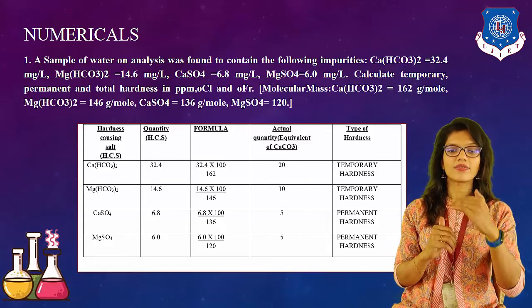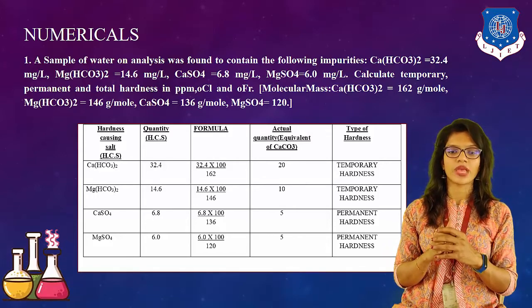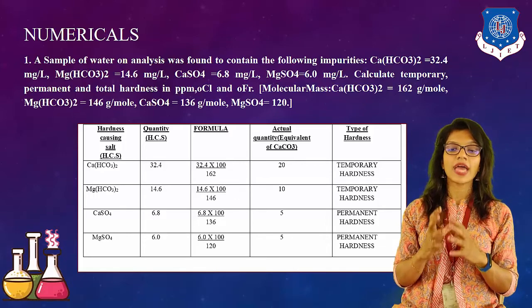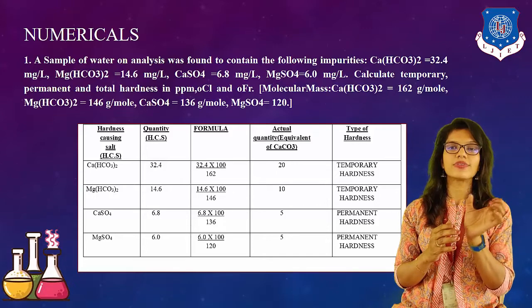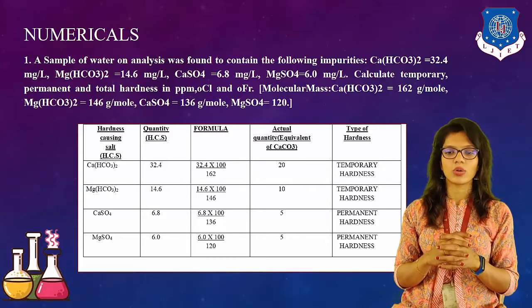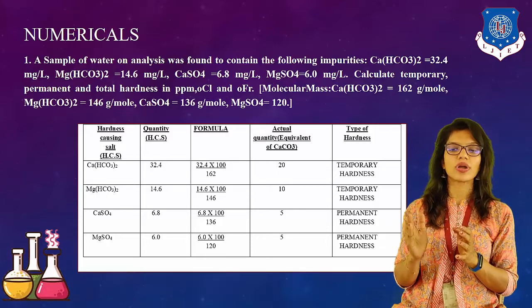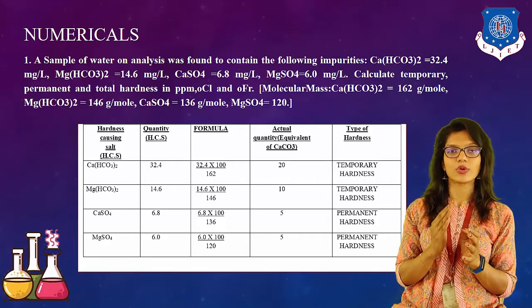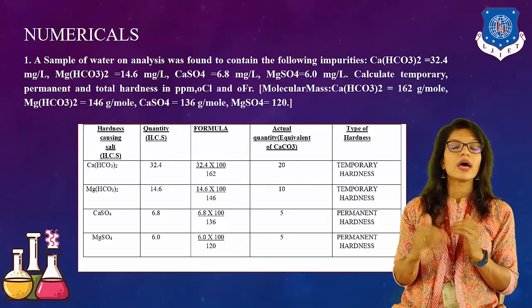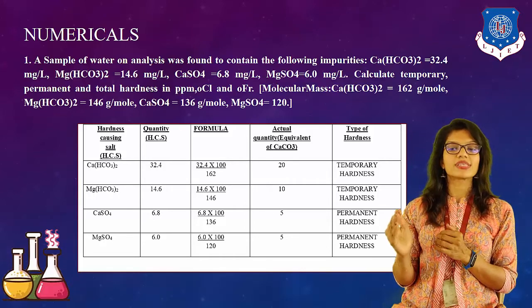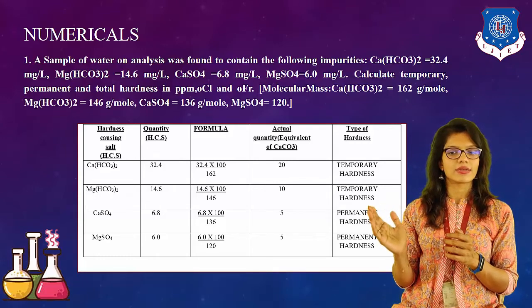After that we have to apply the formula, which is quantity into 100 divided by molecular weight. So we get the equivalent quantity of CaCO3, right? Based upon it we have to decide which type of hardness it is.